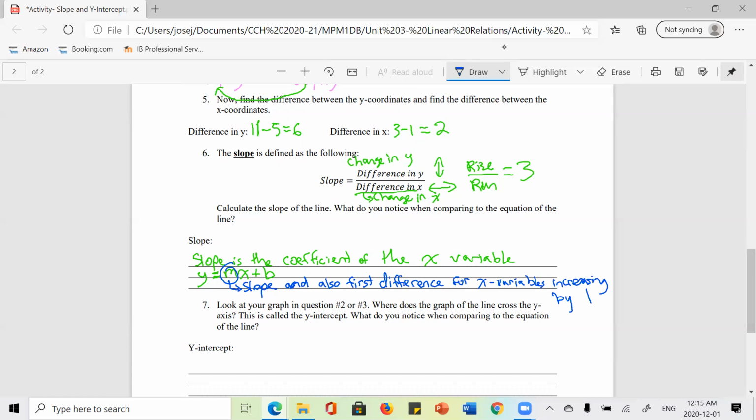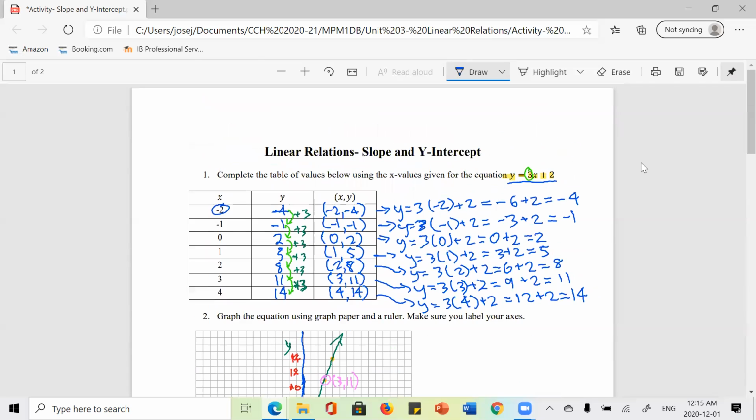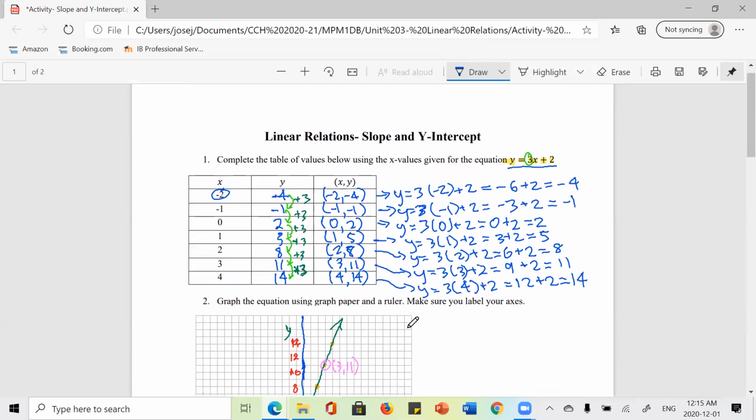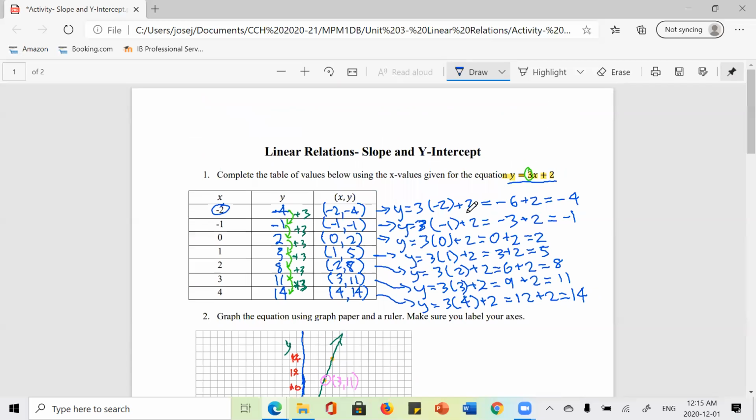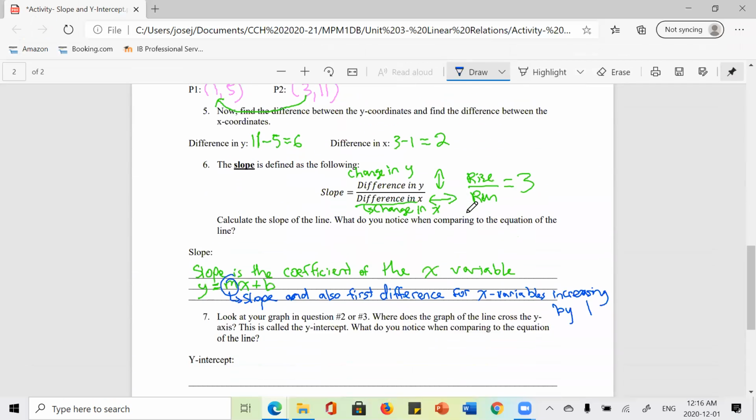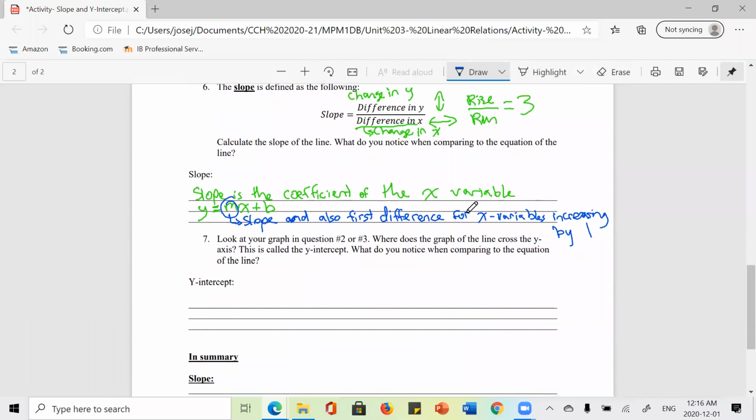And really, if we just look at the equation that was given to us from the very beginning, it actually tells us what the slope and the first difference and the rate of change were all together. So you're probably looking at this and saying, so I could have really answered what the slope was without doing all this work? Absolutely. You would just look at the coefficient of x, and that already tells you what the slope is. So quite a powerful idea there.